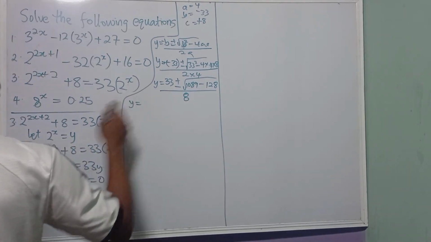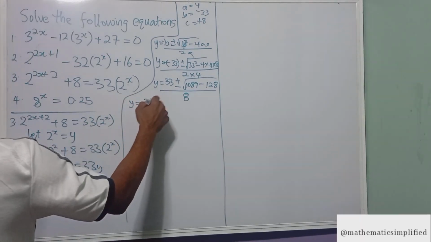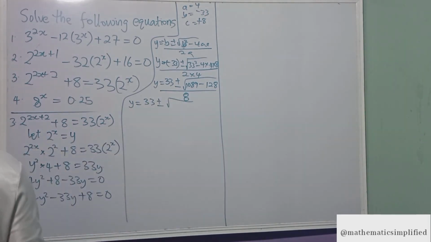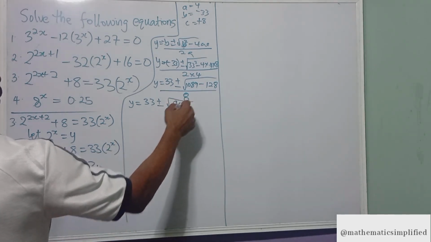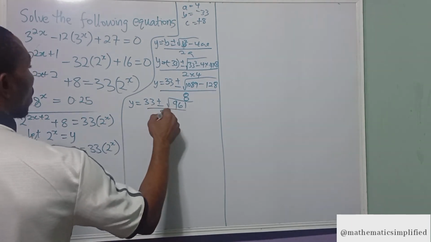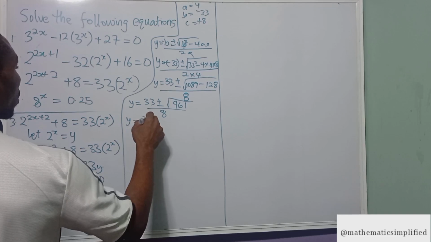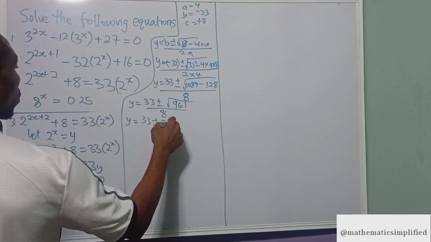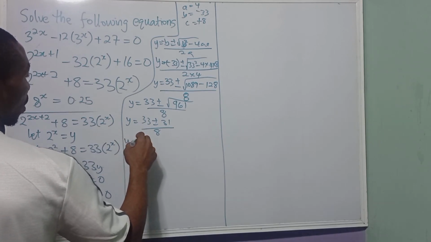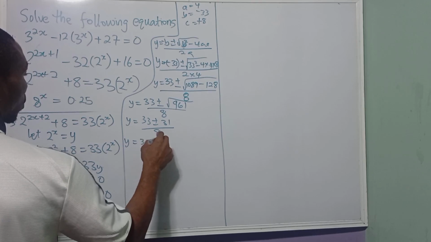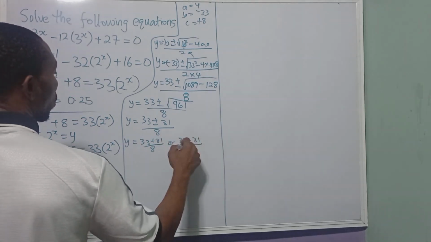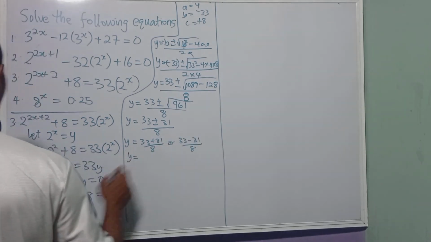So y equals 33 plus or minus root 961 all over 8. So y equals 33 plus or minus 31 over 8. This becomes y equals 33 plus 31 over 8, or 33 minus 31 over 8. So y gives us what?